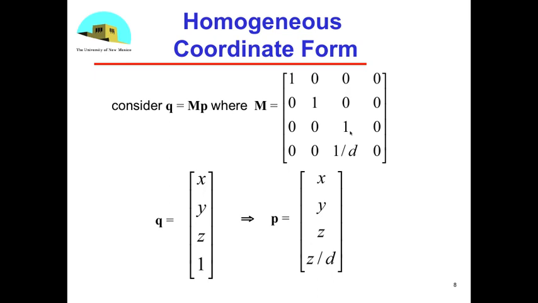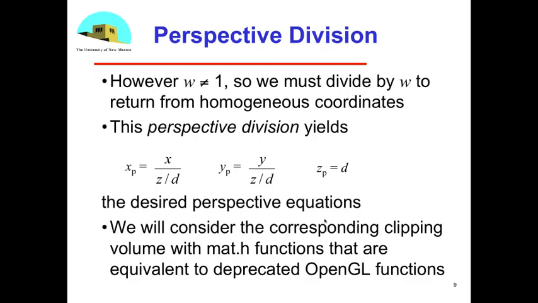So this is our basic perspective transformation, which required this one extra operation because I didn't maintain w as 1, which is known as perspective division. Do we really care?